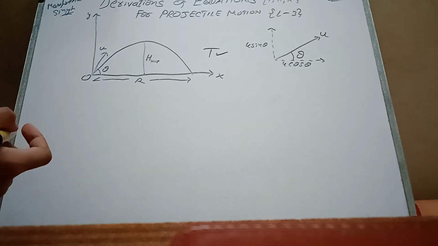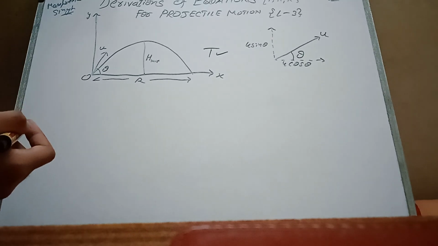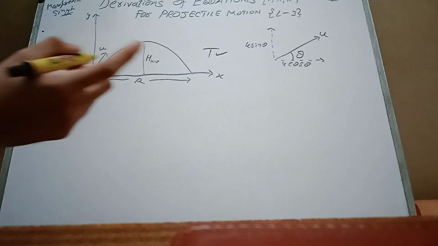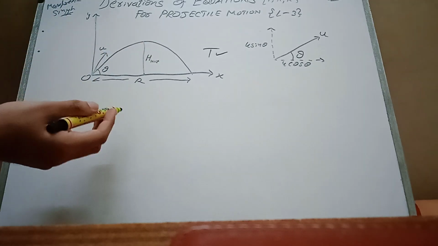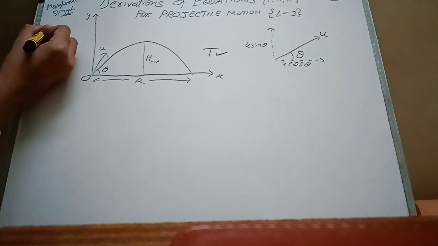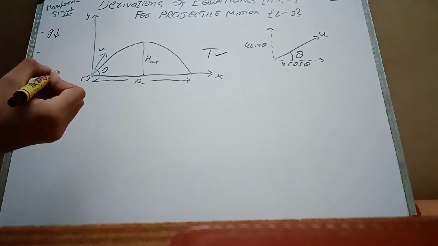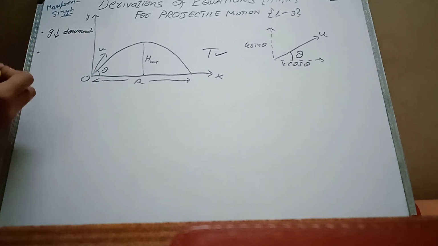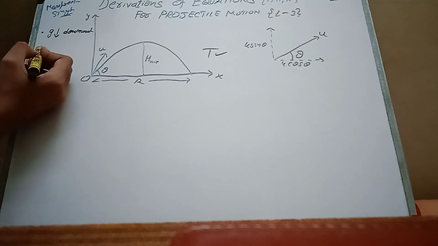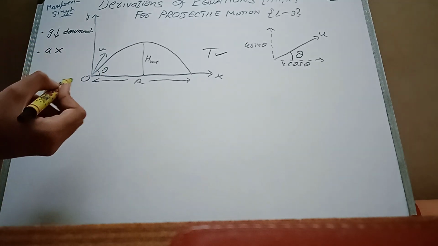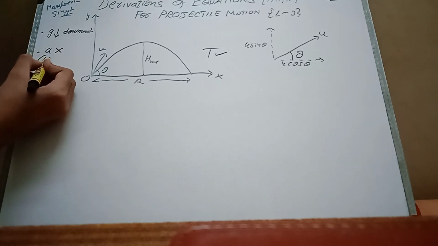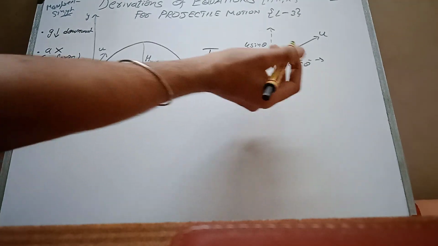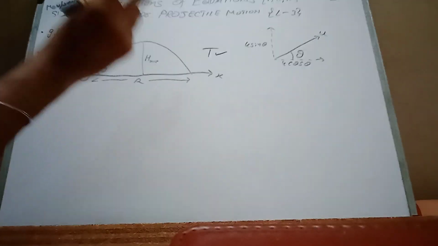Remember that I have told you that in the vertical motion there is acceleration due to gravity acting downwards. And in the horizontal motion there is no acceleration at all, that is, it is a uniform motion. Velocity is constant. This u cos theta component is constant throughout the motion.